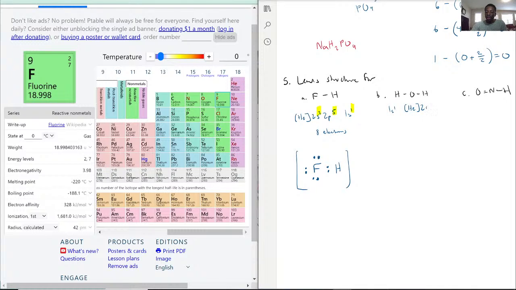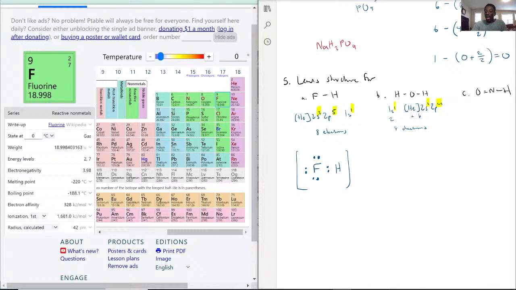Now HOH. We've established that hydrogen is just 1s1, but oxygen is right before fluorine, so using 2p4 we can verify that oxygen indeed has just 6 electrons. There's 6, and hydrogen has 1 but there are 2 of them, so in total we have 2 plus 6. We also need 8 electrons.